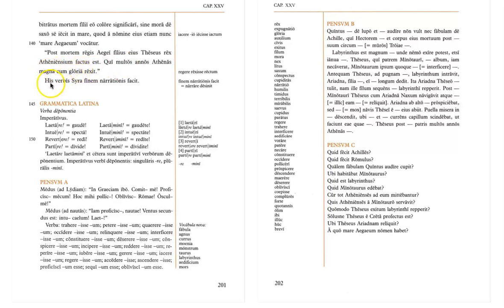And with these words, here we have kind of a present tense ablative absolute. With these words, Syra literally made an end of the story. In other words, with these words, Syra finished her story.